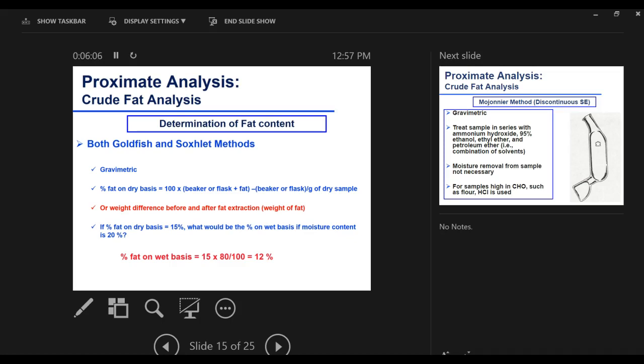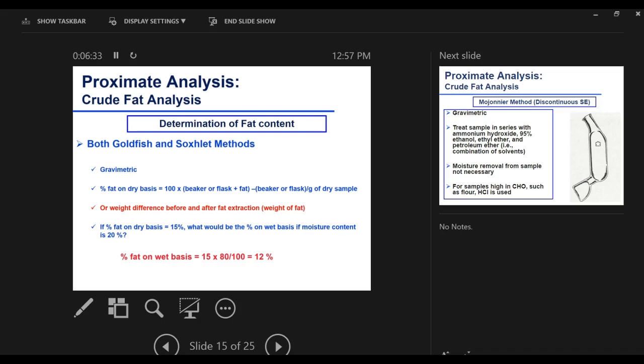So that would be times 100 minus 20, which is equal to 80 grams of dry matter. Okay, because that's the moisture, that's the total 100 grams of a wet sample. Okay, then with that, you get a percentage of 12%.